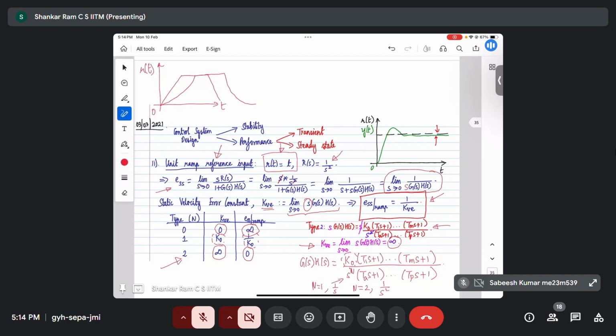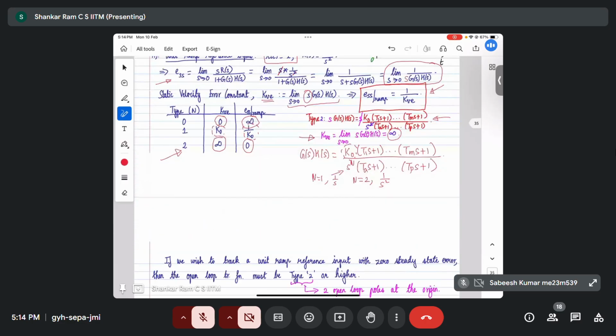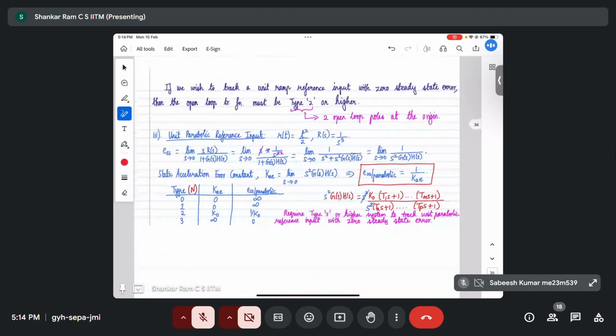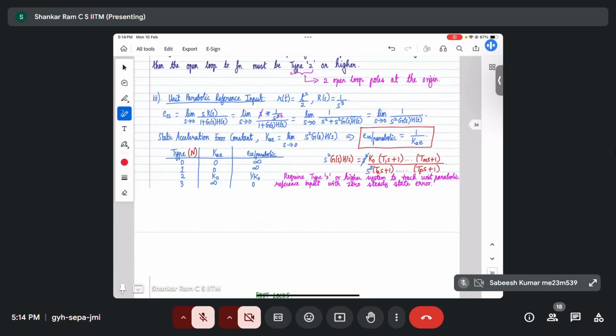So that is an issue with adding more and more open loop zeros at the origin, or in other words, going for a higher value of capital N. So that is as far as tracking a unit ramp reference input is concerned.